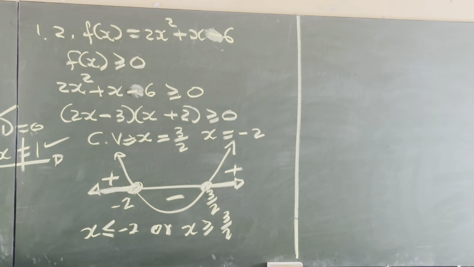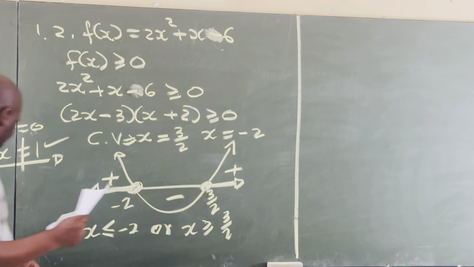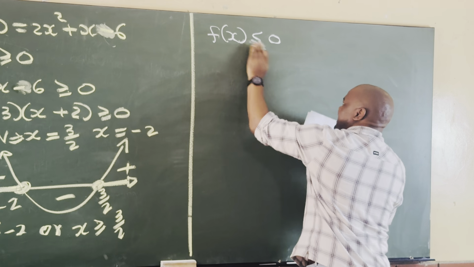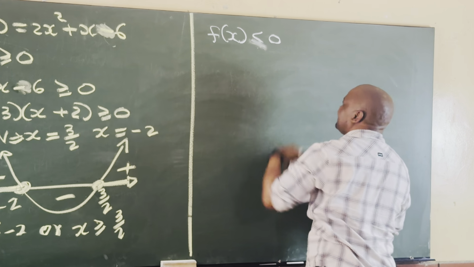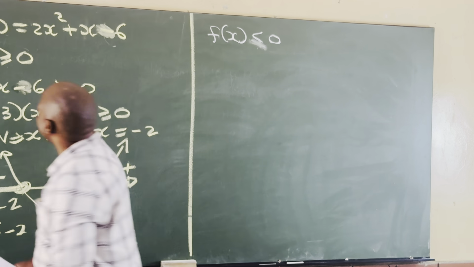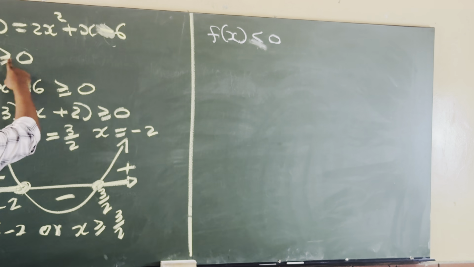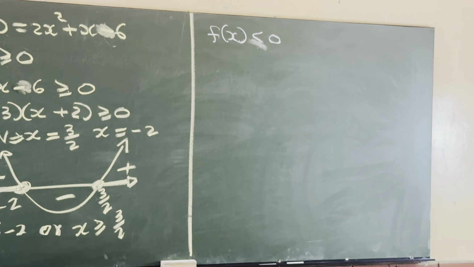And then 1.2.2, they say determine the sum of all integers satisfying f(x) less than 0, for 2 marks. Is f(x) greater or equal to 0 the same as f(x) less than 0?